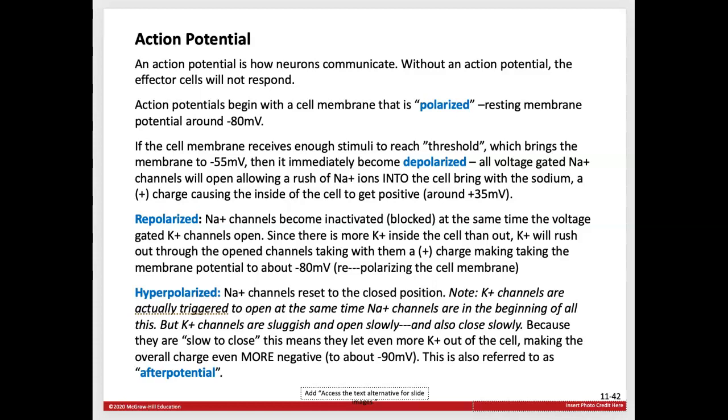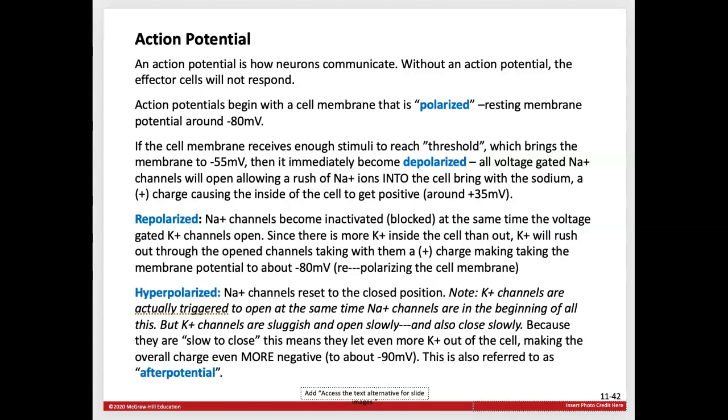At the same time that the sodium gates are triggered to open, the potassium channels are also triggered to open, but they're slow to open, so it takes them longer. During the repolarized state, sodium channels become inactivated or blocked. I'm not going to go into deep detail on this because our book doesn't, but some of the videos refer to the sodium channels becoming inactivated, so I wanted to mention it so you don't get confused.